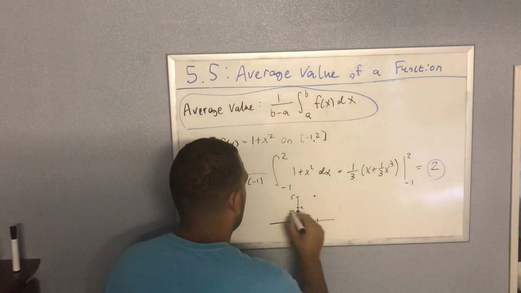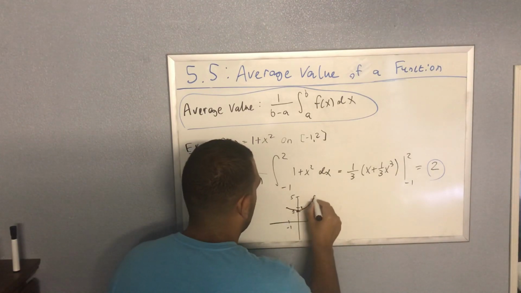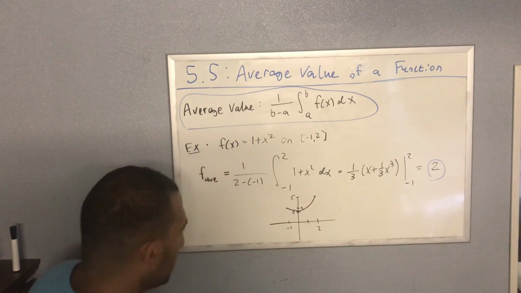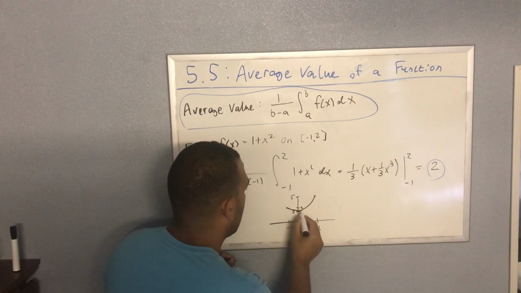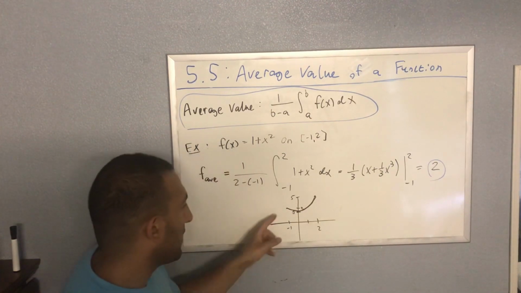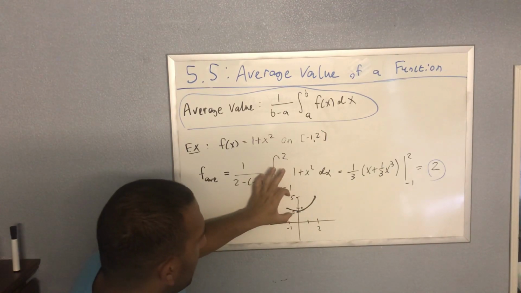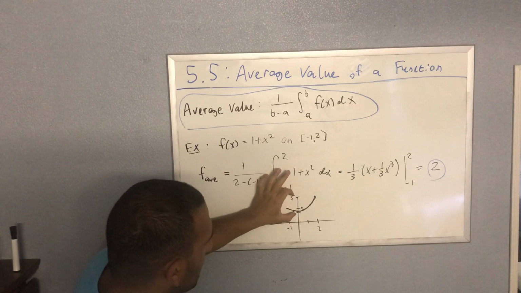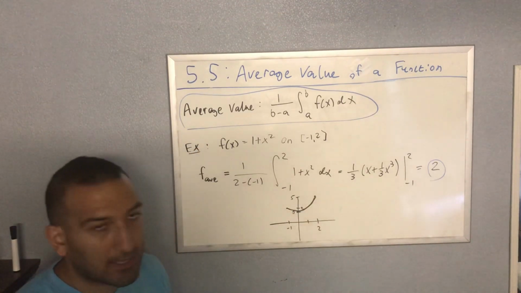So it's up at 2 here. So the function that we're looking at looks like this arc. And between 1 and 5, those are the values that the function takes on. The average of all of those is 2. That's kind of what it's saying.